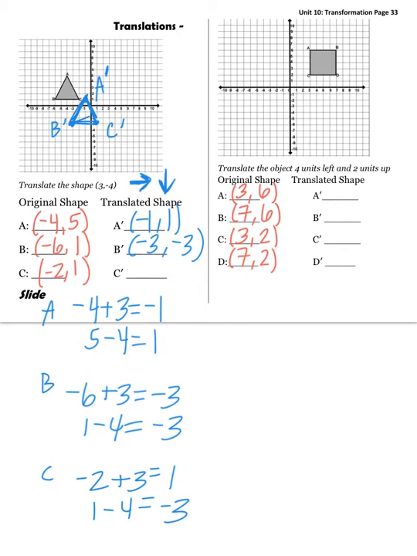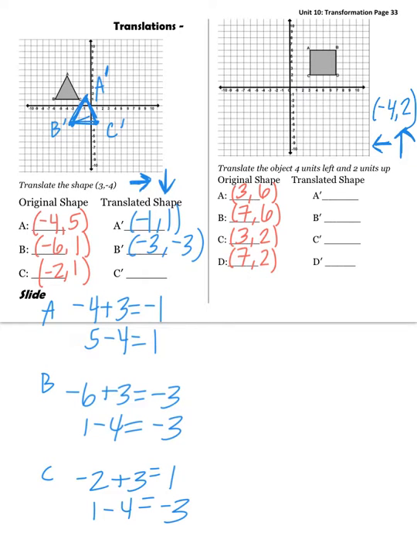Okay, let's try this figure ABCD. So we're going to translate this 4 units left and 2 units up. So left and up. So if we're going left, that's the same thing as saying -4. Up would be +2.